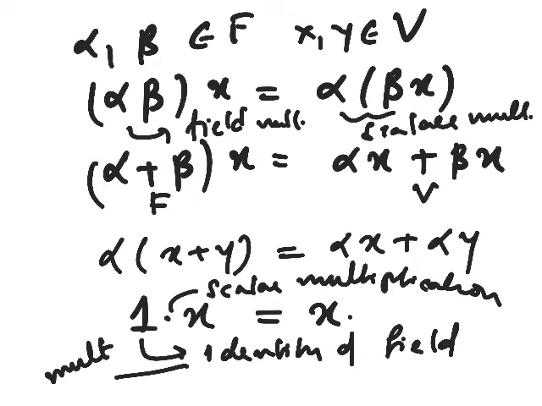There are 2 sets and 2 operations. One is a set of vectors, the other is a set of scalars, which is a field, and then there is a vector addition and a scalar multiplication. From now onwards, the moment anyone says vector space, these four things should come to your mind. You should always be mindful, okay?